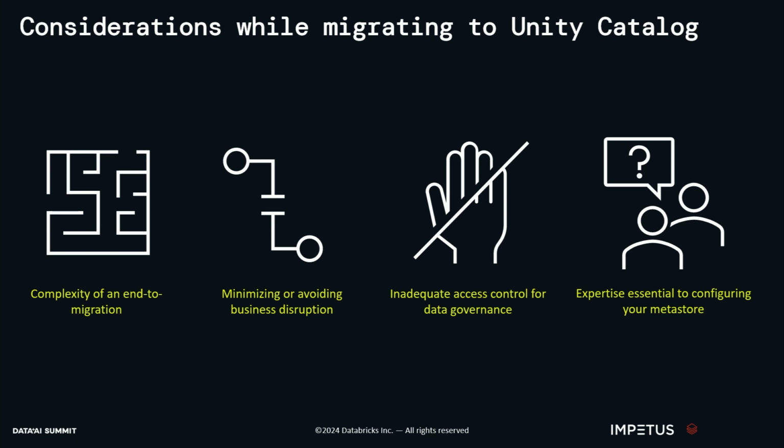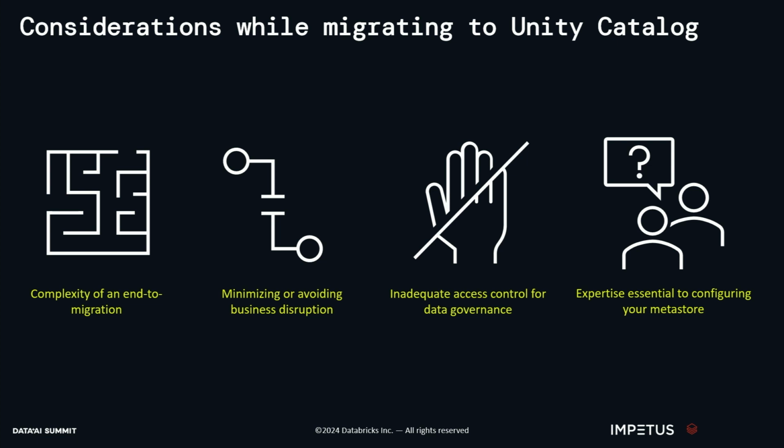Now, assuming that we've been sold on Unity Catalog, what are some of the considerations that we would want to keep in mind as we are migrating to Unity Catalog? One is to understand the complexities of the end-to-end migration. We are not just dealing with a metastore migration. We are also looking at the tables, the views, the notebooks, the clusters, you name it. All of these things need an end-to-end view when we plan for this overall migration.